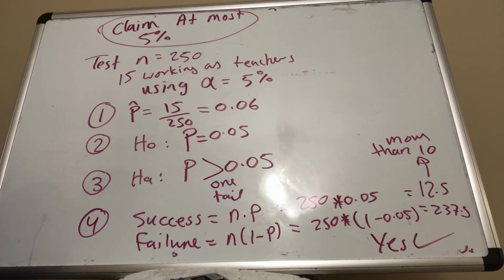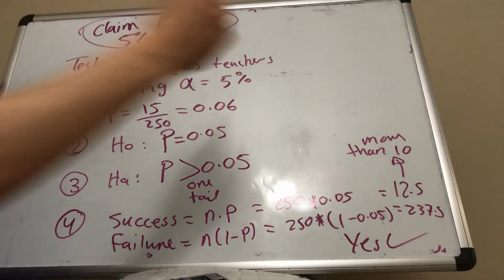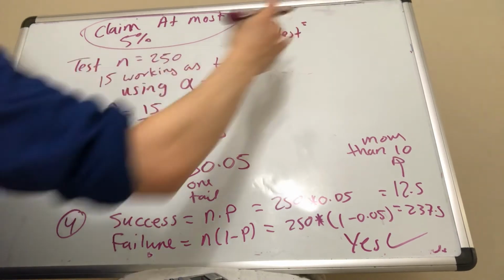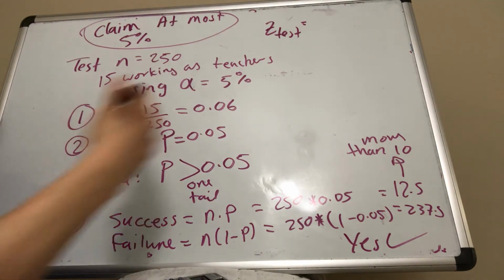Now, what's your observed test? So what's the test in this case? The test for this kind of hypothesis would be a z-test. Proportion is z, not like the mean we did, the t in the previous question.